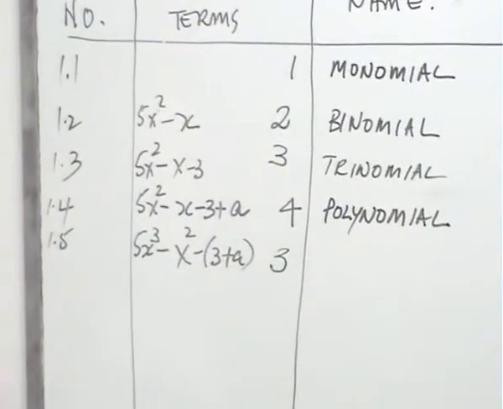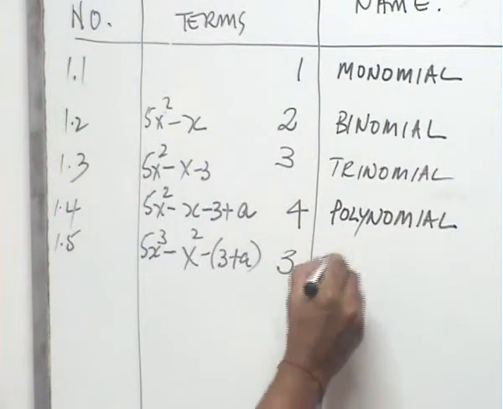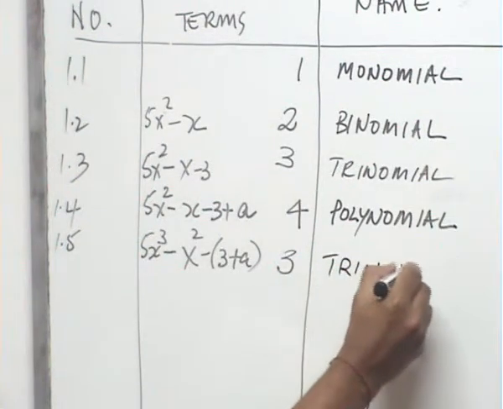So the number of terms here is 3. Okay? So let's check that again carefully. See? That's one term, minus x squared is another term, and then minus this whole thing will be considered as one term. So the number of terms here will be 3, and your answer will be trinomial.